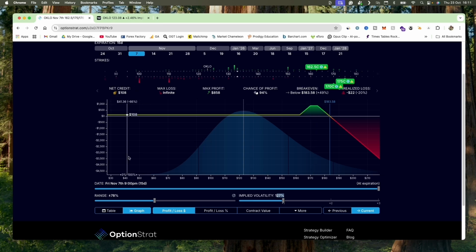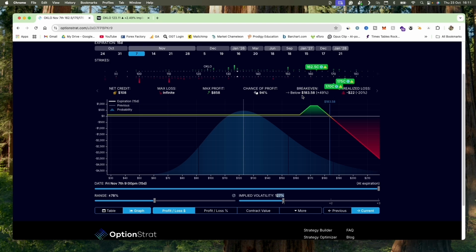One contract, not taking on any extra risk. I don't want to start doing 10 contracts and things like that, because if it does go against me in the 6% chance, I could get into margin calls. So trading quite small with one contract, 94% chance of making a profit. Break even is at 50%. So even if the stock moves 50%, 30%, 40%, I still lose no money. And that is the bit that you take away from this video.